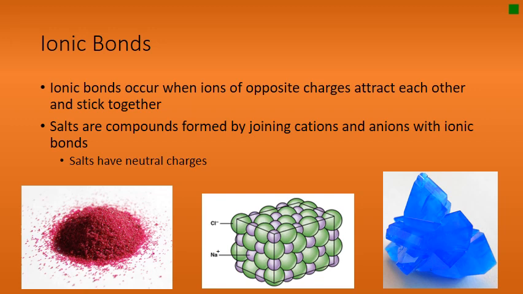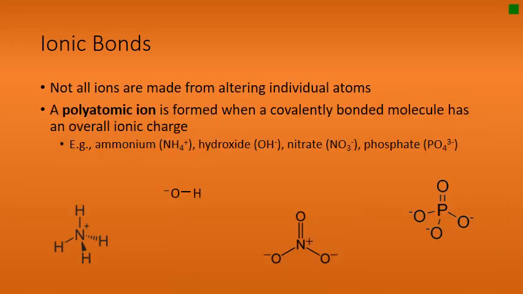So the salt in your cupboard, the sodium chloride, yes, it's a salt, but so is calcium chloride. So is sodium iodide or potassium iodide. Any ionic compound that isn't an acid or a base can be referred to as a salt. Please note that salts, ionic compounds, themselves are electrically neutral because the cation charges must cancel out the anion charges.